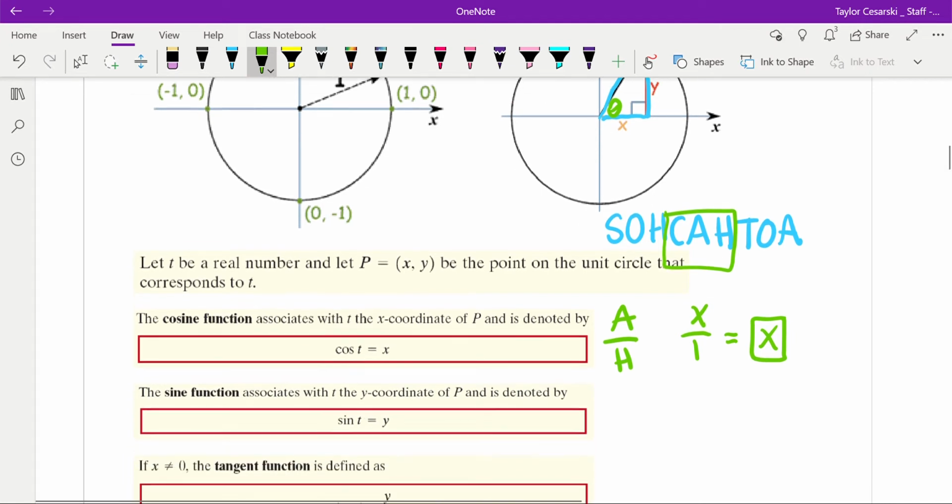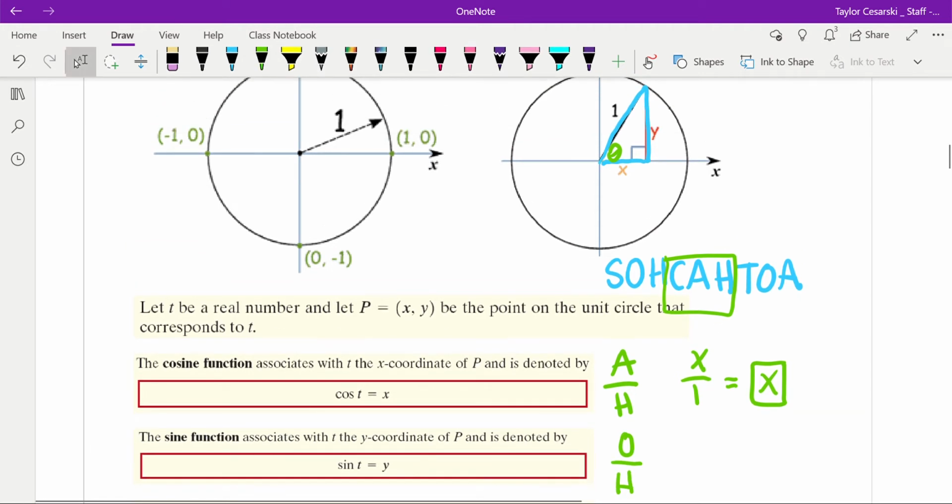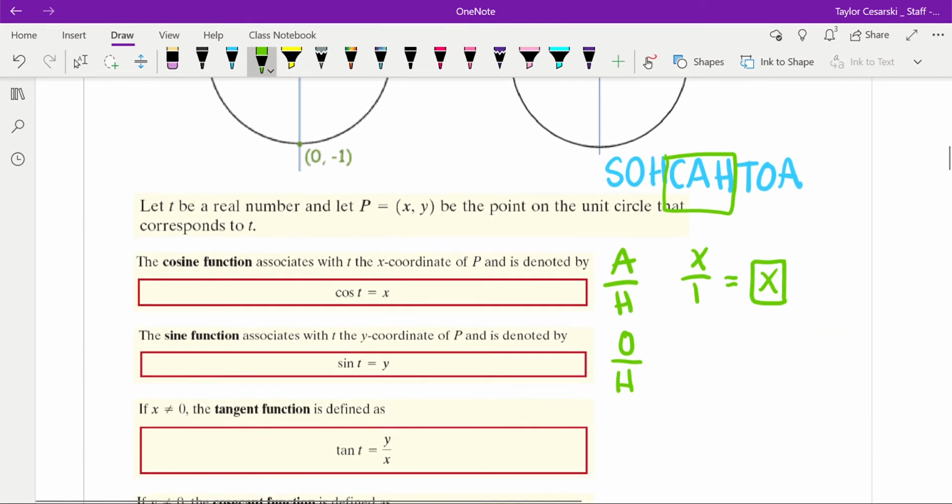We can do the same thing with sine. Sine is opposite over hypotenuse. Well, opposite of theta is going to be y over my hypotenuse, which is 1, and that leaves me with y.